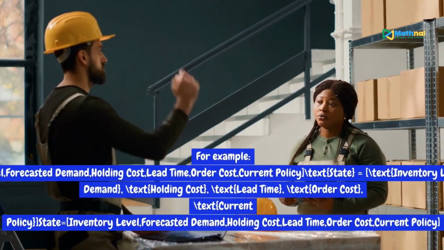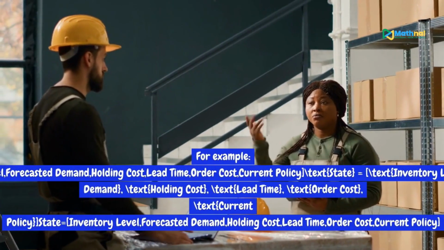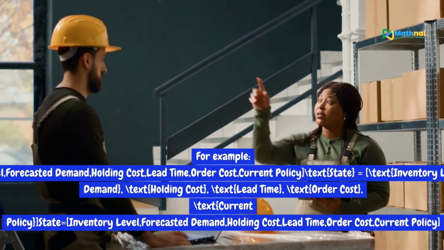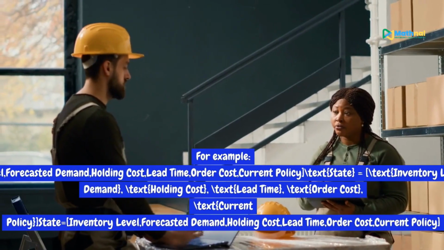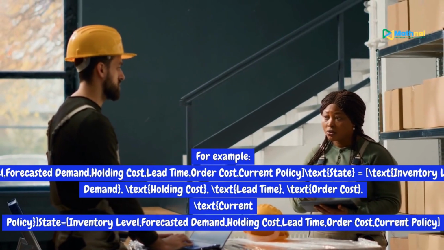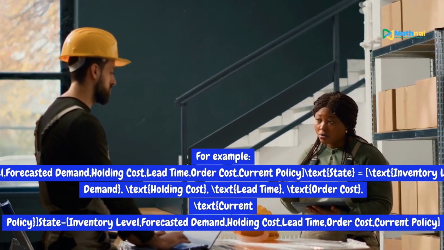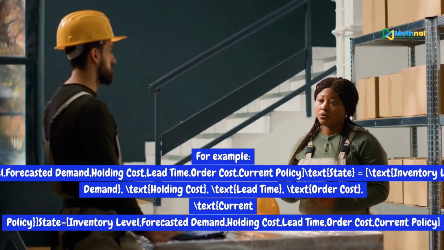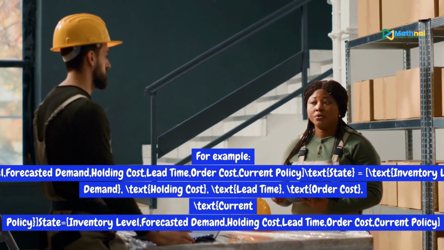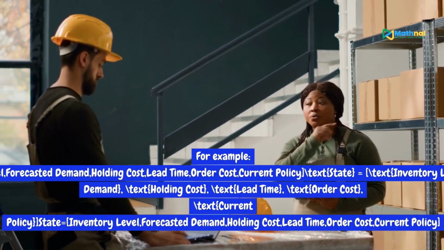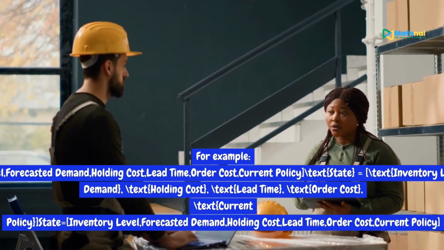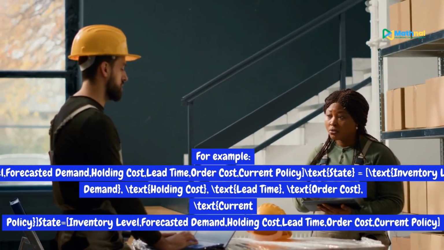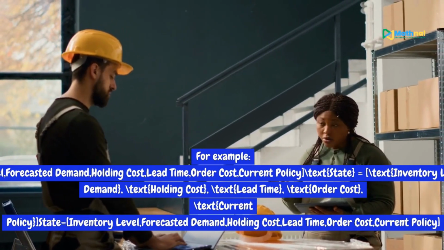For example, state equals inventory level, forecasted demand, holding cost, lead time, order cost, current policy.